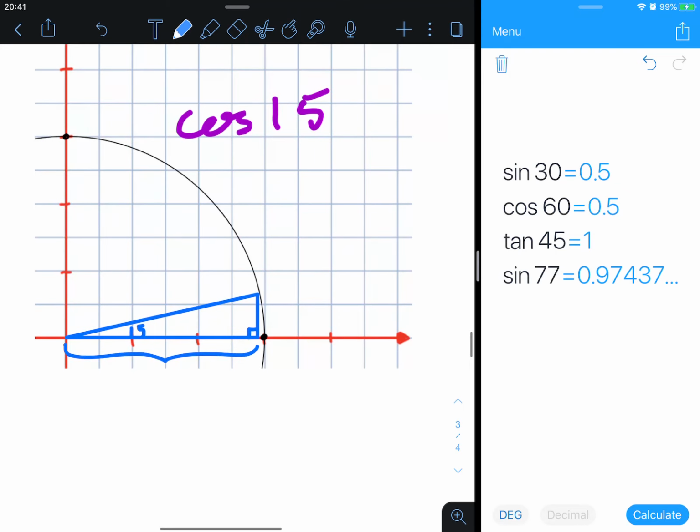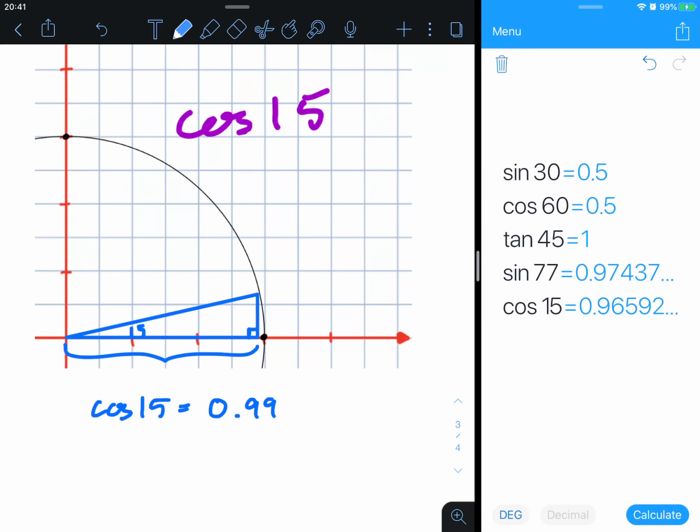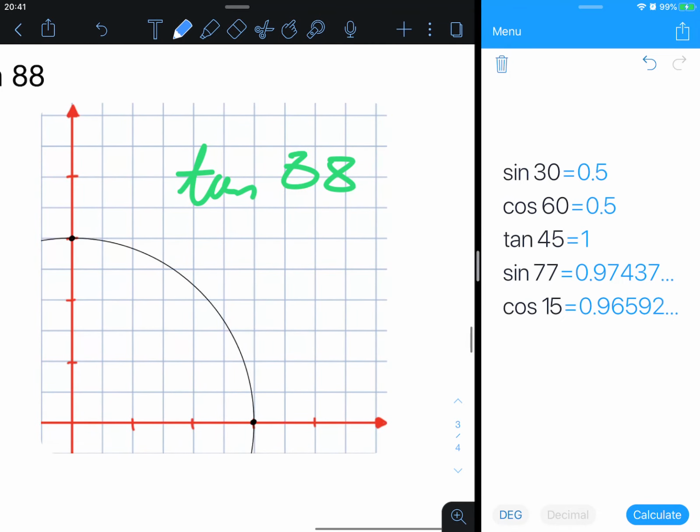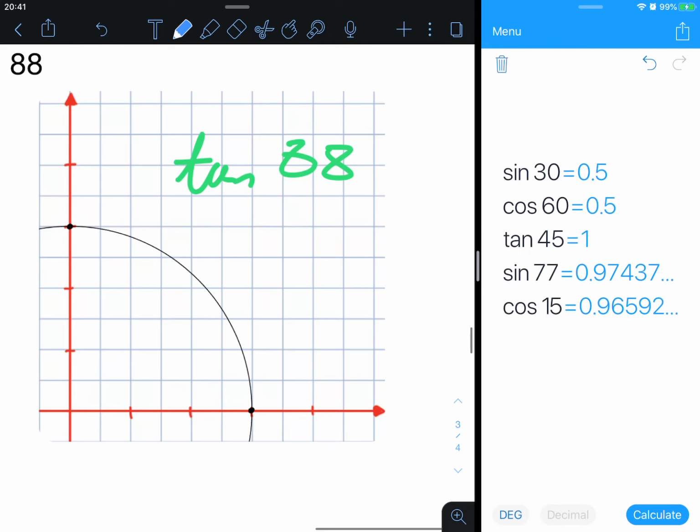Again, looks very close to 1, so I'm going to take a guess that cos of 15 is equal to 0.99, I don't know. Cosine of 15, 0.96.